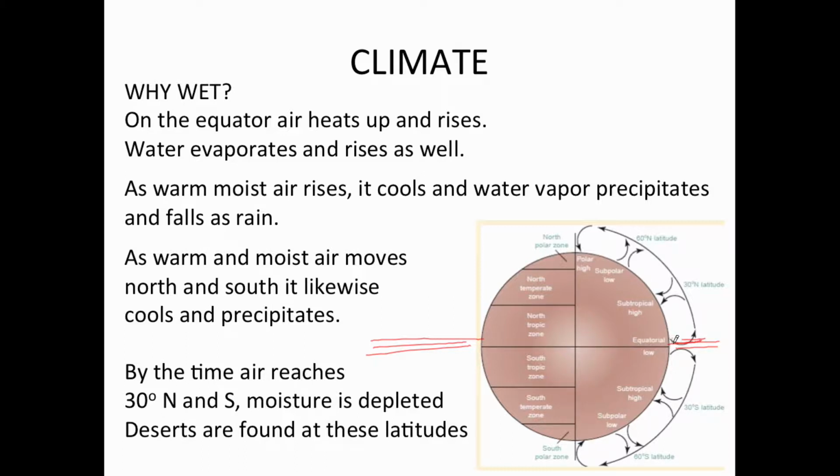And as it gets further away from the surface of the earth, this moist air starts to cool. And when the moist air cools, those are perfect conditions for the water vapor to become liquid, and then it would rain down on the equator. So heated, moist air, cooling, falling as precipitation.